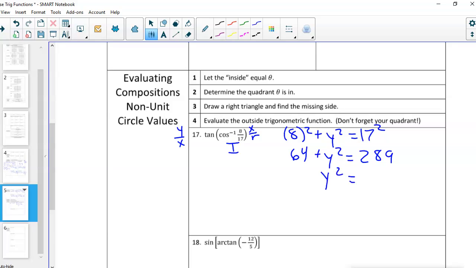I feel like this was a Pythagorean triple, but I don't remember. 225. So y is 15. And then because we're looking for the tangent, we need y over r. So tangent is 15 over 6.